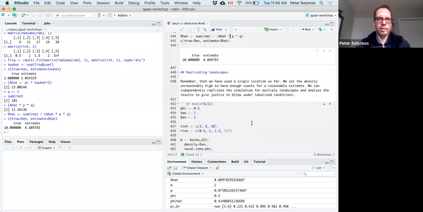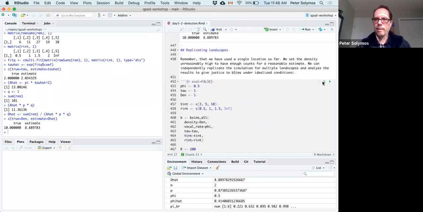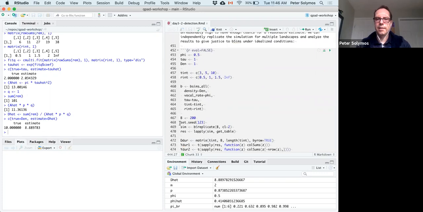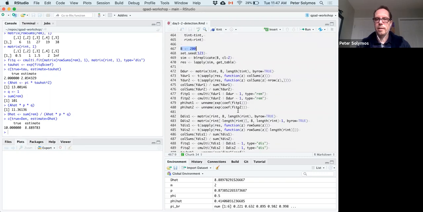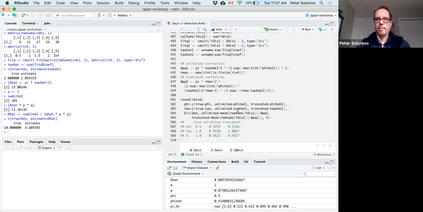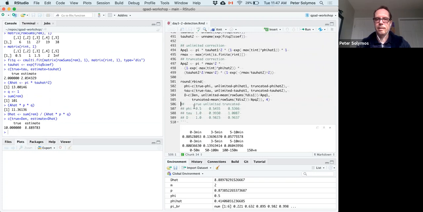And just to do justice to the simulation, here is one. I'm not going to run it, but what this does is we do replication 200 times, the same settings as we had before. And I ran this last night, and this is what I got. So if you run the same thing, you're going to get the exact same results.